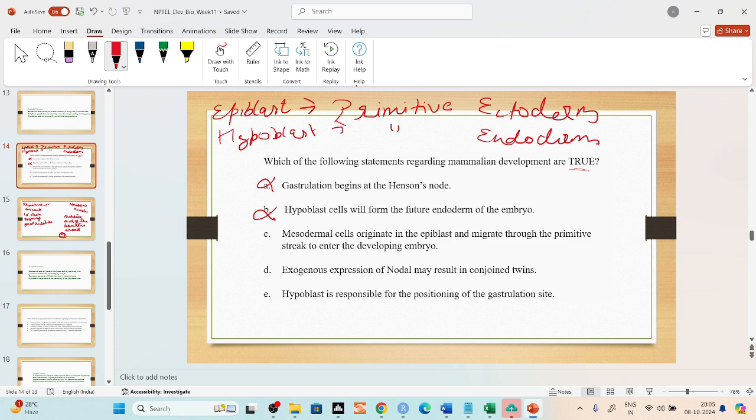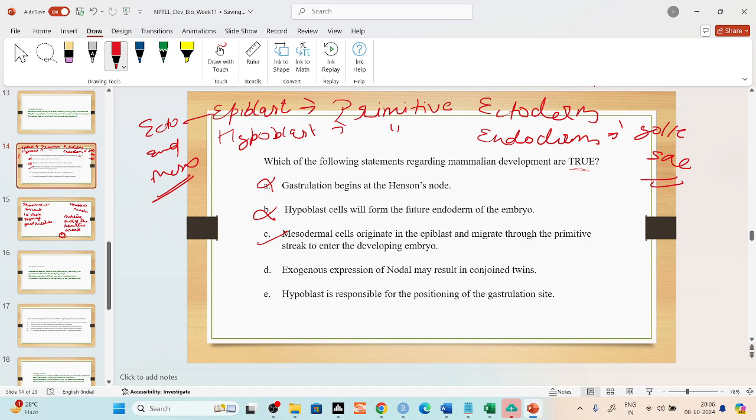Yes, because we have just now said that epiblast will give rise to ecto, endo, and meso, and your hypoblast will give rise to yolk sac. So mesodermal cells originate in the epiblast, yes, and migrate through the primitive streak to enter the developing embryo. So this is a true statement.